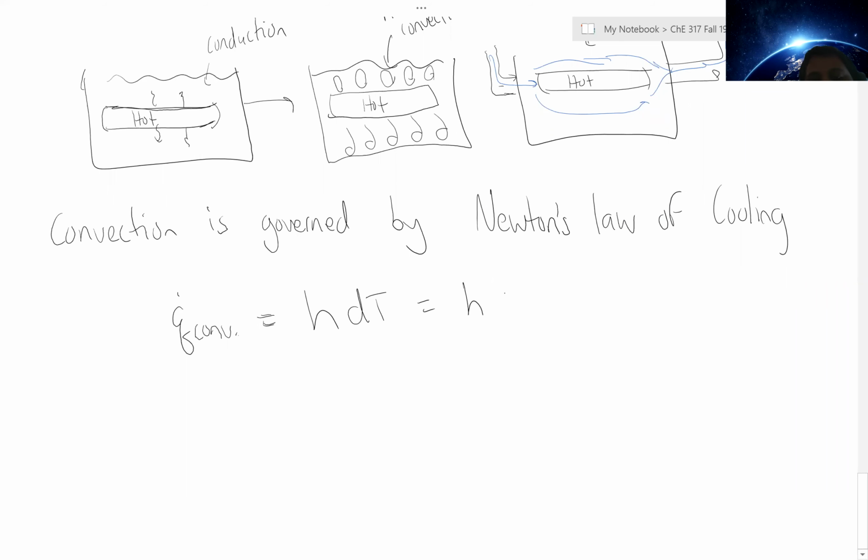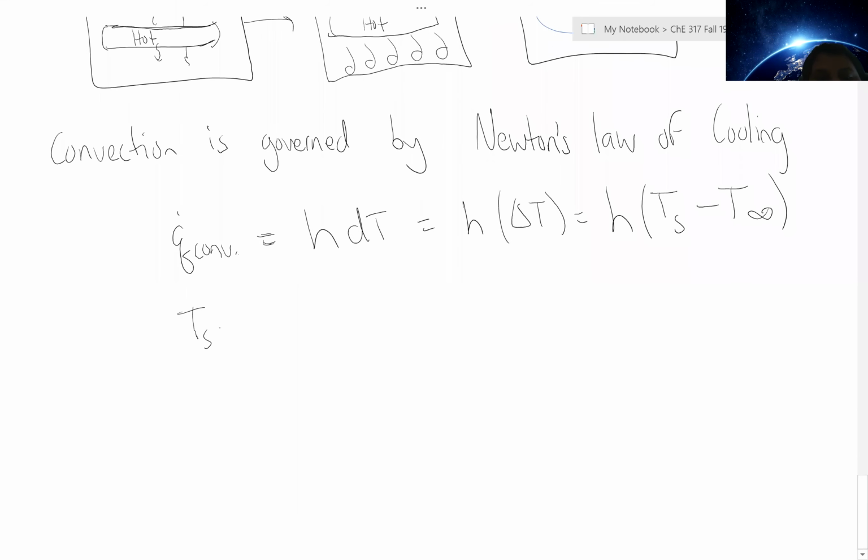And we also consider this delta T, which we designate as T sub S minus T infinity, where Ts is our object's surface temperature, and T infinity is also designated as the surrounding temperature, or the fluid temperature around the object.